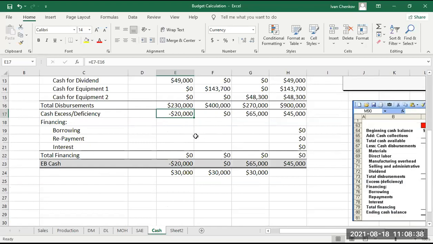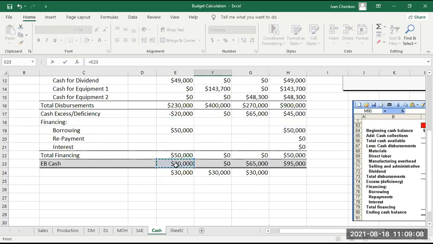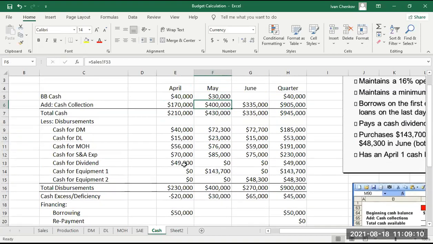So if I have minus 20, how much do I need to borrow to have the minimum cash, which is 30,000? Obviously, you have to borrow 50,000, correct? If I borrow 50,000, my ending balance will be 30,000. The ending balance for April is going to be my beginning balance for May.